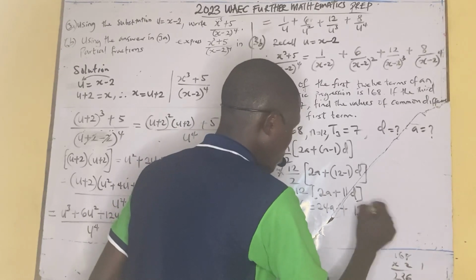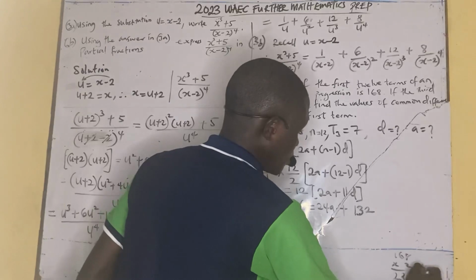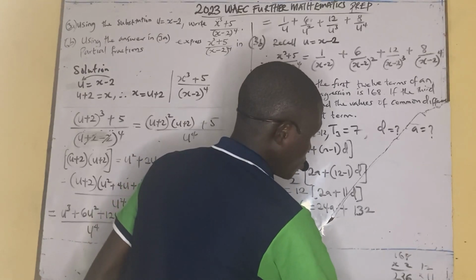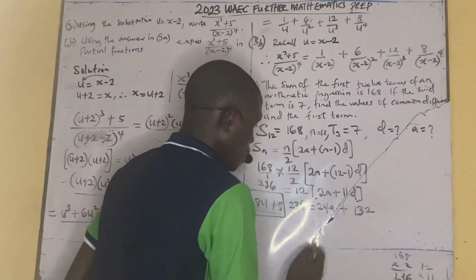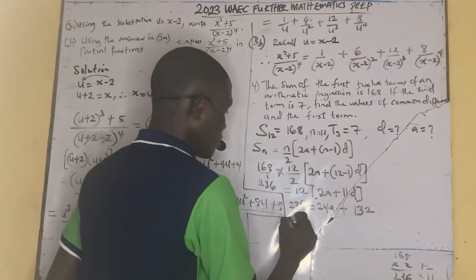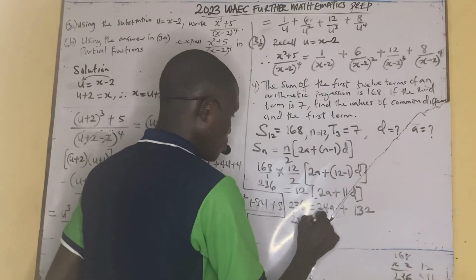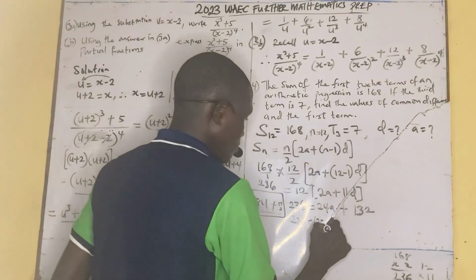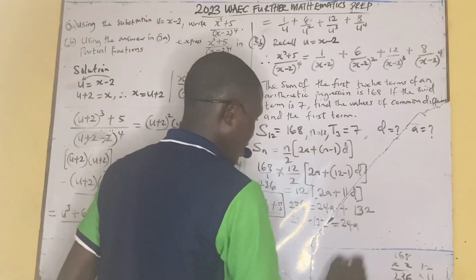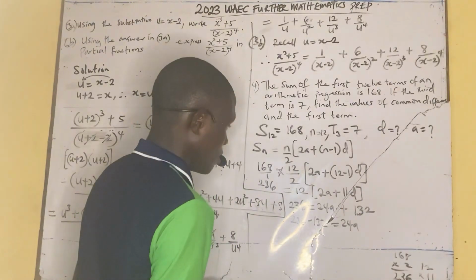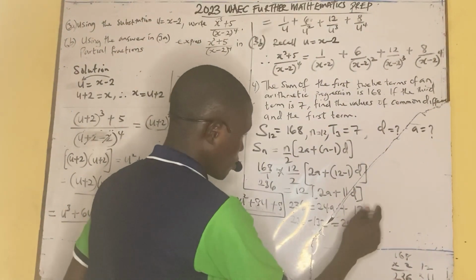12 times 11 will be 132. So now from here you can rearrange and say, okay, 236 minus 132 equal to 24a. Sorry, this one is supposed to have d.